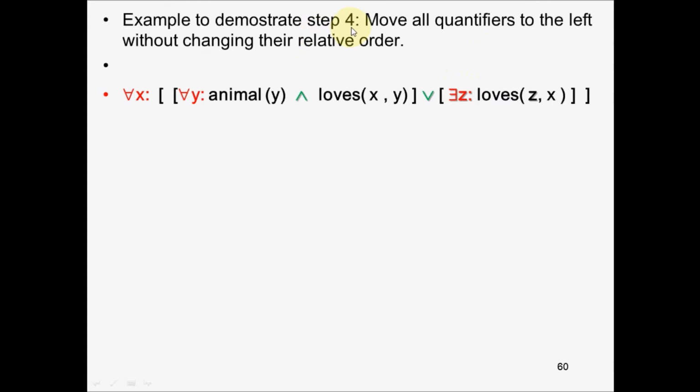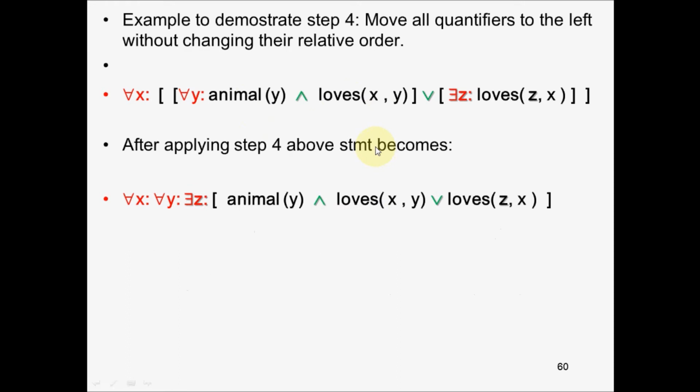So after applying step number 4, z will be simply moved outside the sub expression without altering any of the other terms, and you get this. For all x, for all y, I have simply moved this z here, and other terms remain same, animal y and loves x comma y or loves z comma x.